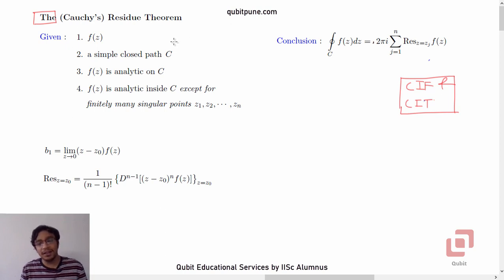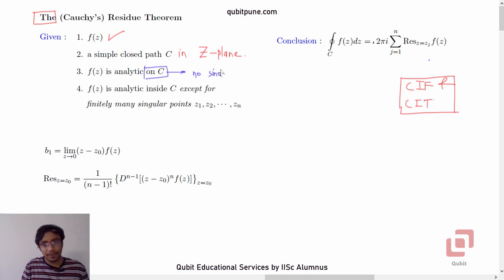Okay, so what are the things given in the residue theorem, meaning when can we apply the residue theorem? We are given a function f of z and a simple closed path C in the z plane. It is also given that f of z is analytic on C, meaning no singularities are permitted on the curve.